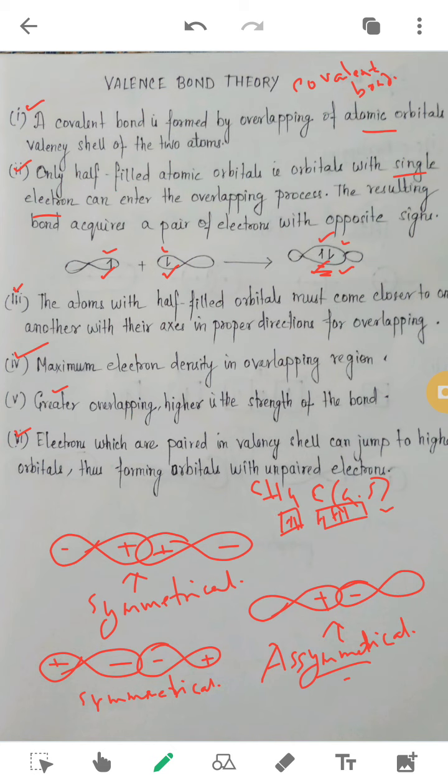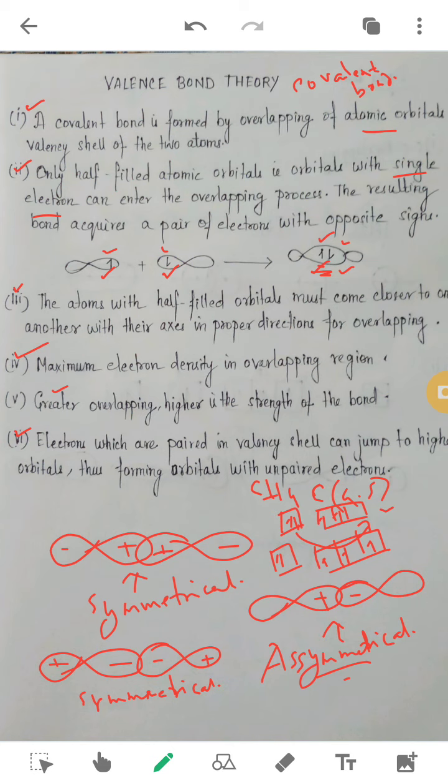So in that case, you need to have 4 such orbitals which will have only 1 unpaired electron each. So for that, you can just shift one of the electrons, or an electron from the s orbital will be jumping to the p orbital in the excited state, thus giving us C. Here 1 will be left in the 2s orbital, and 2px, 2py were already there, and 2pz now, because one of the electrons from the s orbital has jumped to the p orbital.